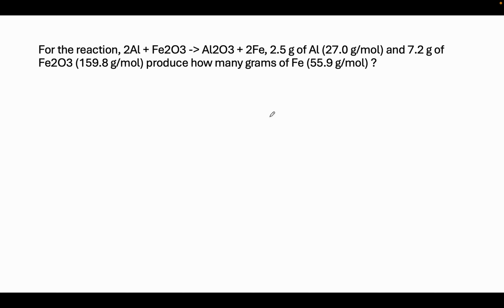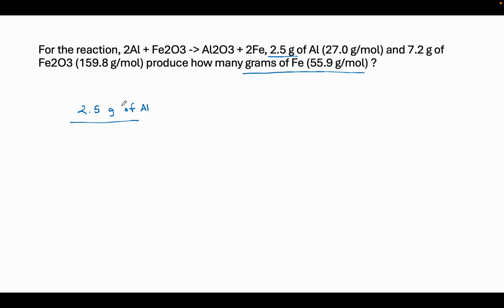So here we actually have a good practice. We can go from aluminum, because they give us 2.5 grams of aluminum. And they want us to figure out how many grams of Fe are produced.